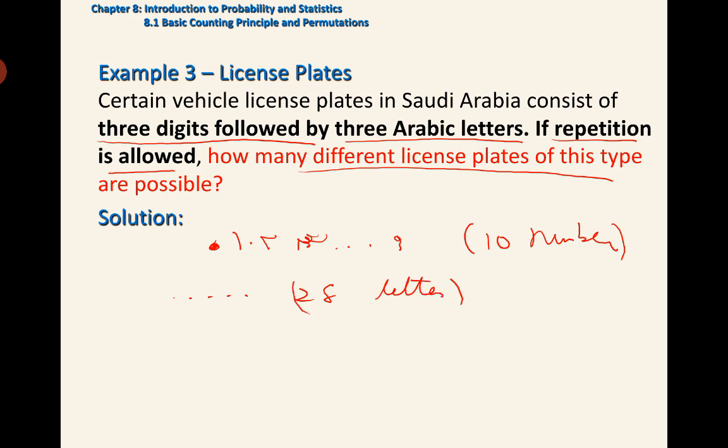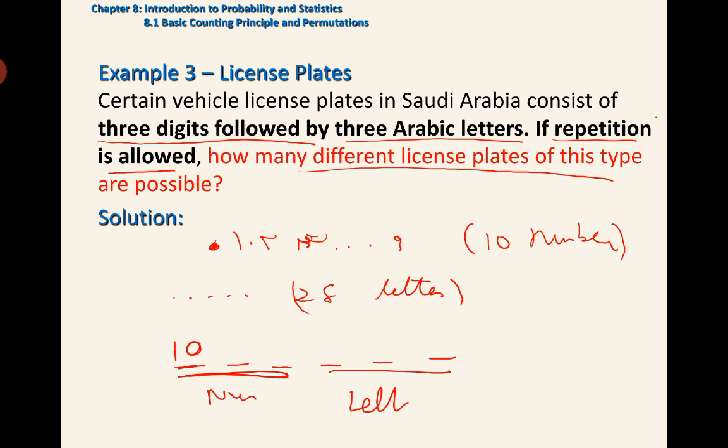So what's going on? The number plate will have 6 spaces, the first 3 for numbers and the last 3 for letters. There are 10 numbers, so the first number can be any of the 10 numbers.